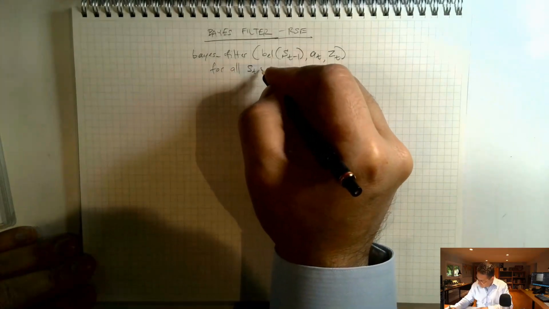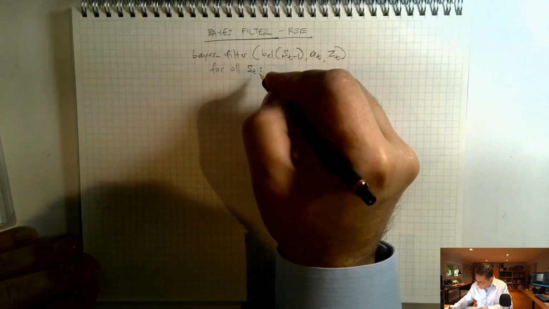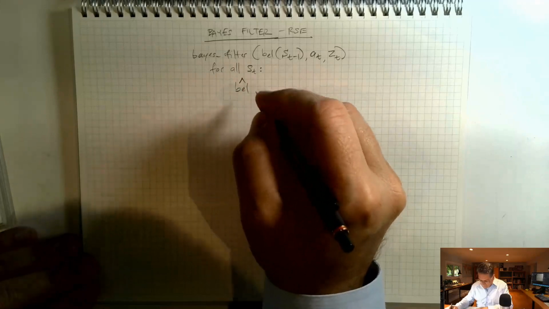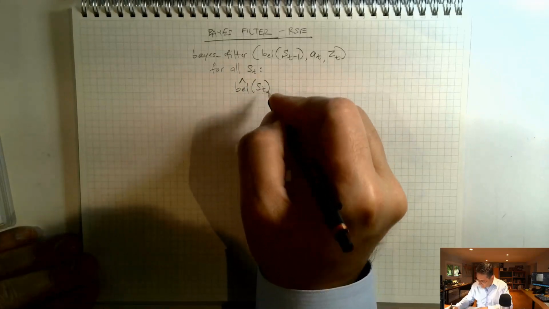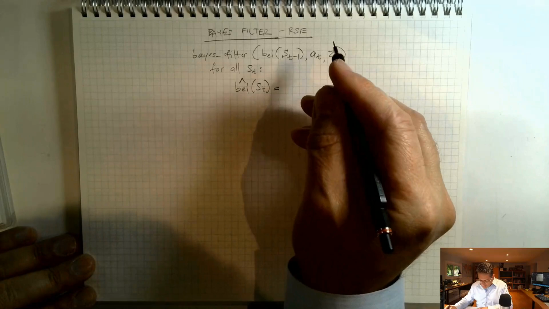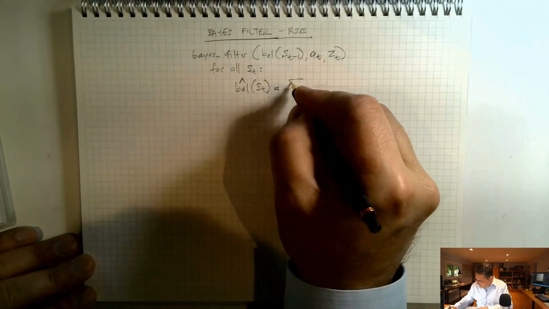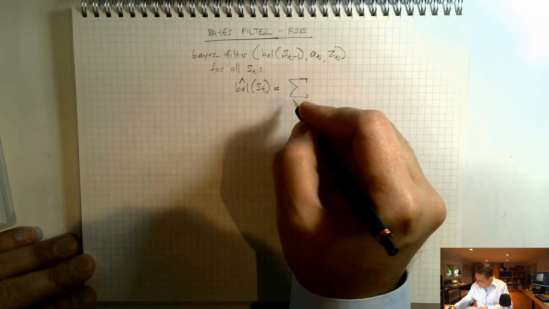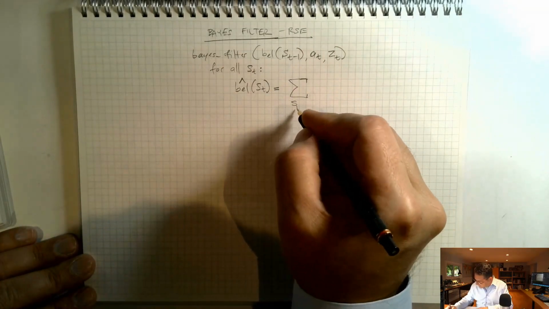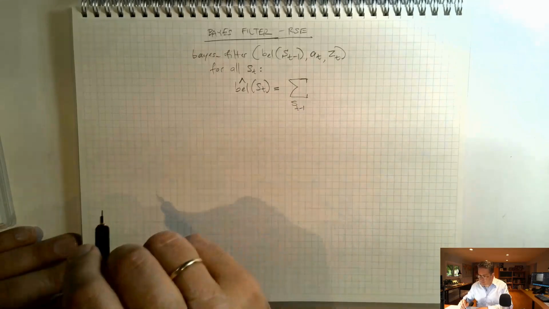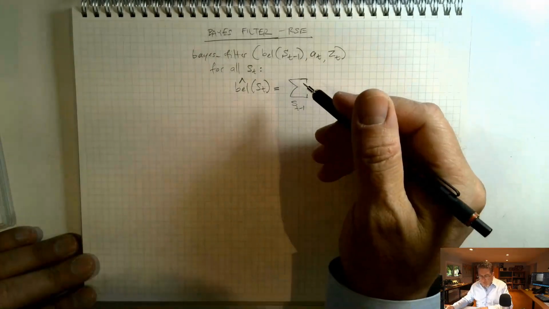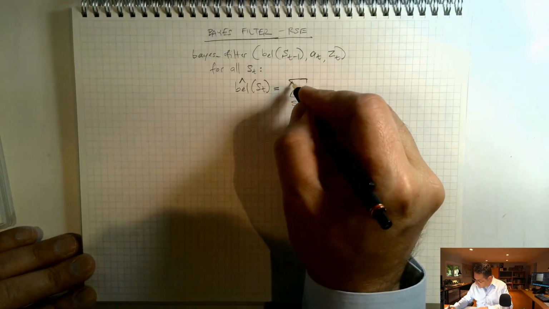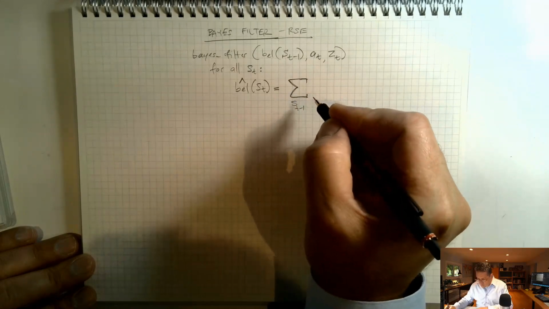So for all the states s_t, first we are estimating the belief hat of that state, because we are going to execute an action, and for that action that we are executing, we are effectively going to create a posterior that will integrate all the possibilities, almost like the convolution or sum rule.